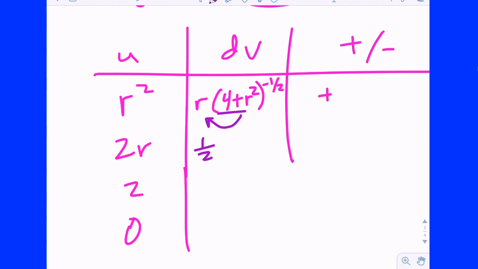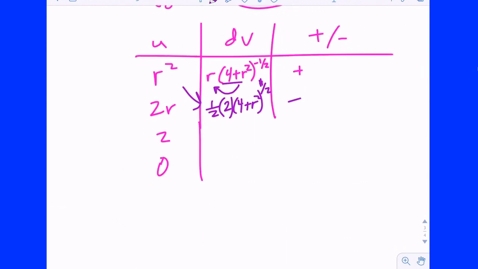And then I get the power rule, 4 plus r squared to the negative 1/2 plus 1 is 1/2. And then instead of dividing by 1/2, I'll multiply by 2. So notice that ends up just being the square root of 4 plus r squared with a minus.